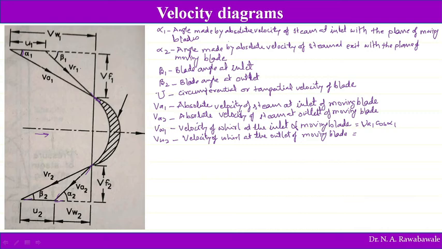If this VA2 is resolved along the horizontal direction, then that gives us VA2 cos alpha 2. Then Vf1 is the velocity of flow at the entry of the moving blade.